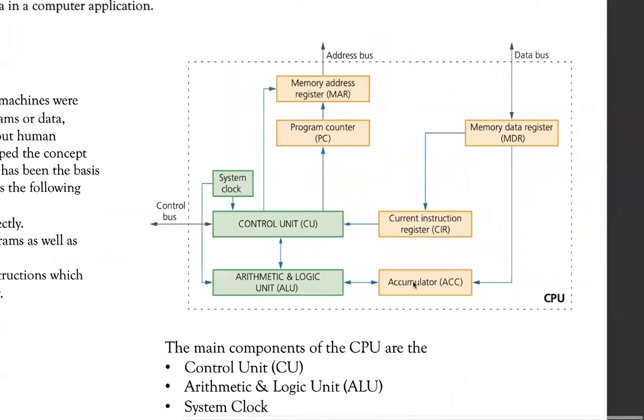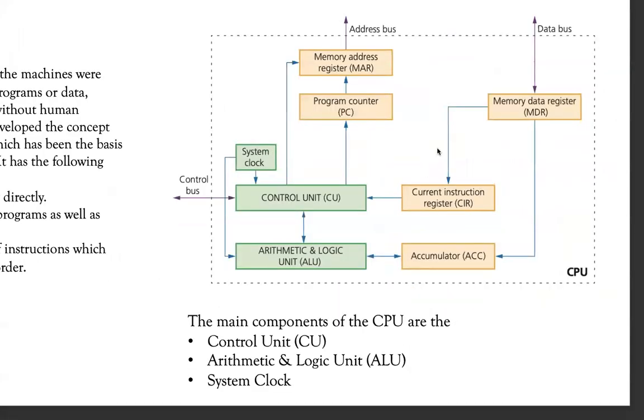Now, as you can see in this diagram, this is the basic layout of our computer architecture, or the processor architecture. The dotted lines represent the limits of my CPU. So any device that you see here is confined within my CPU. Apart from this, every other device is not necessarily part of the CPU.